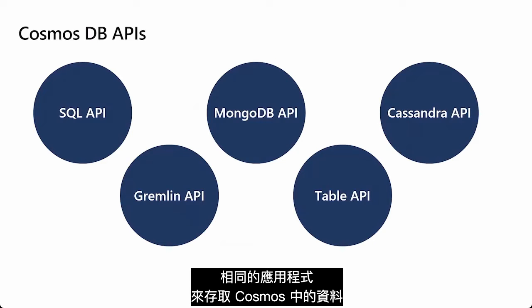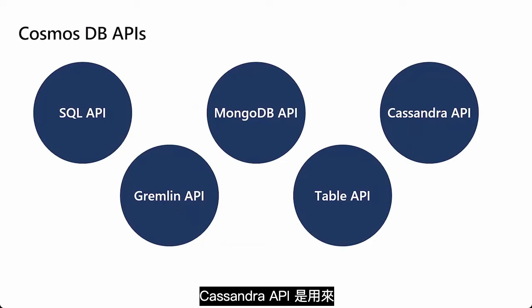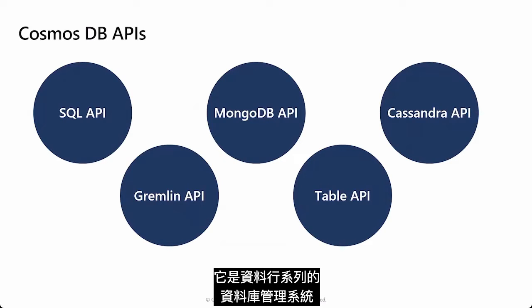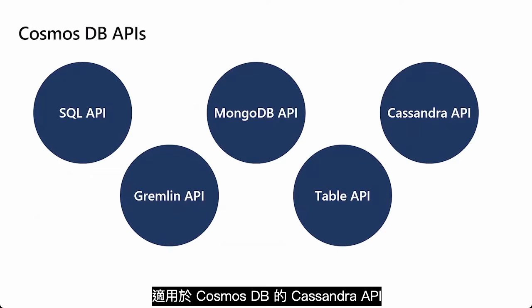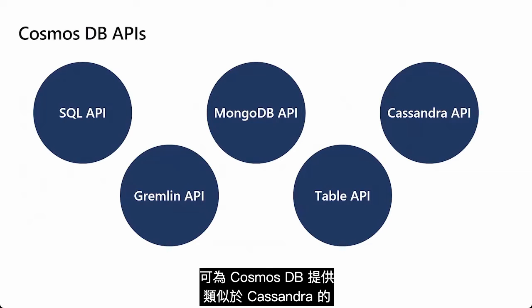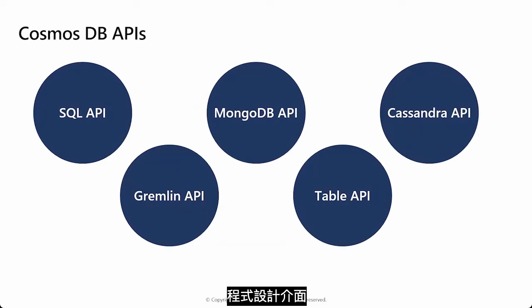Now, the Cassandra API is used to support Cassandra, which is a column family database management system. This is another database management system that, again, a lot of organizations run on premises. The Cassandra API for Cosmos provides a Cassandra-like programmatic interface for Cosmos DB, so Cassandra API requests are mapped to Cosmos DB document requests.